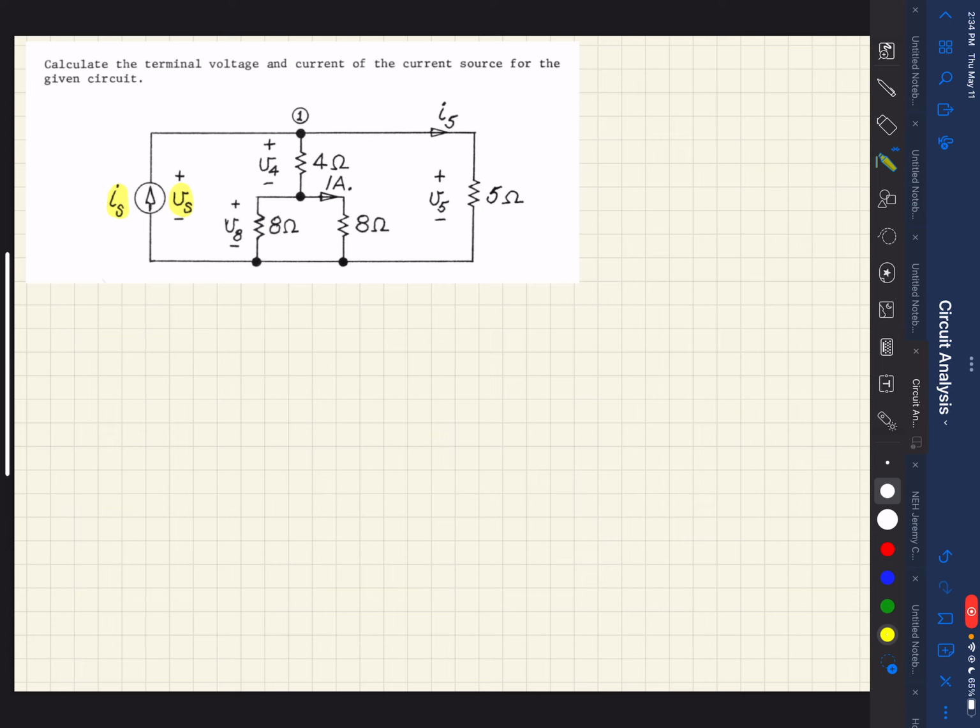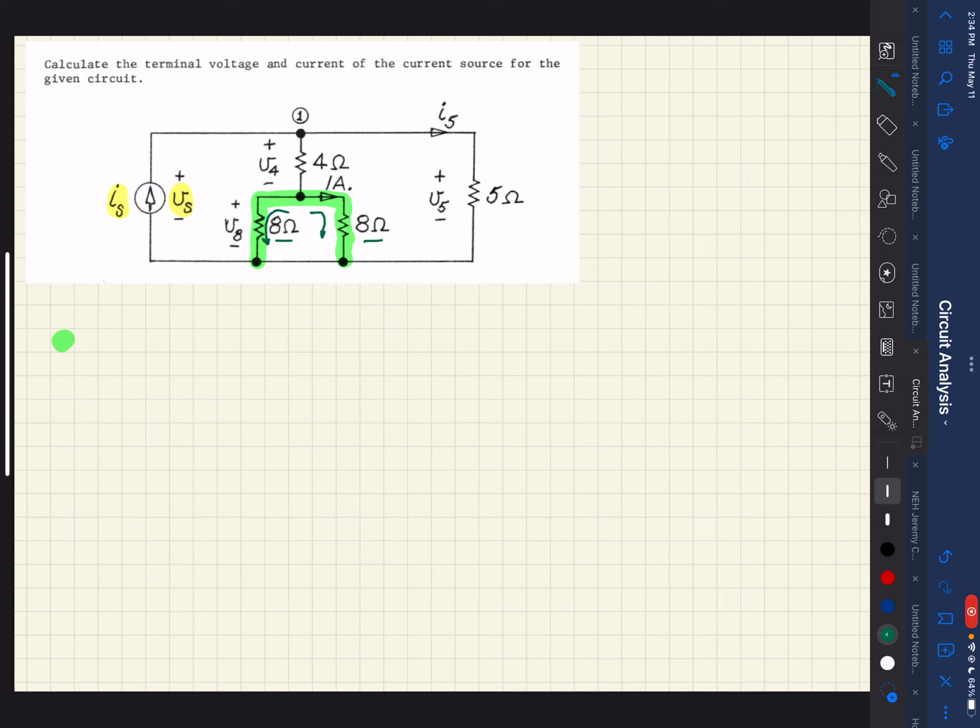The first thing we want to look at is this part of the circuit here, and I'll put a green dot here. We notice that we have 1 amp going through this part of the circuit, and since the resistances are the same, the current going through this part has to be equal.